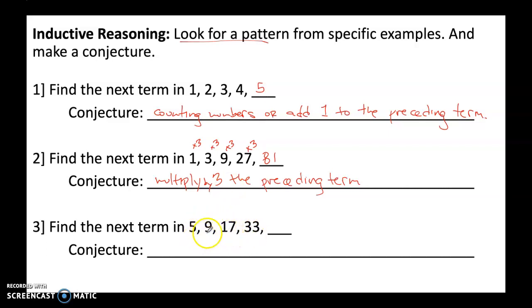If we multiply 5 by 2 and then subtract 1, we get 9. 5 times 2 is 10, minus 1 is 9. Let's check if our pattern is true for all the terms. 9 times 2 is 18, minus 1 is 17. So we get the next term using the pattern that we found.